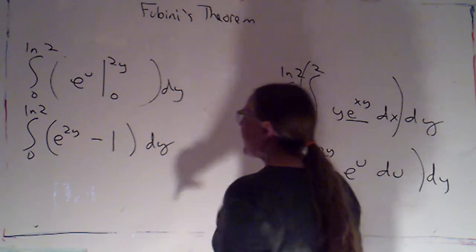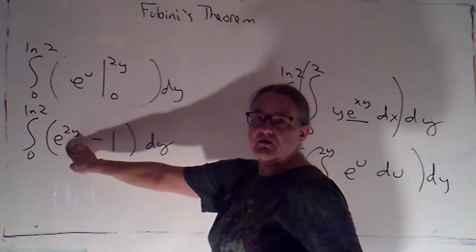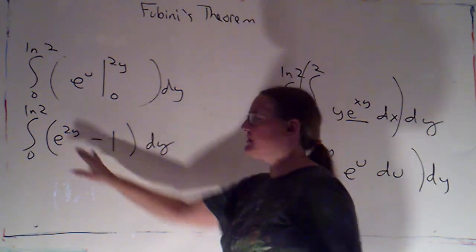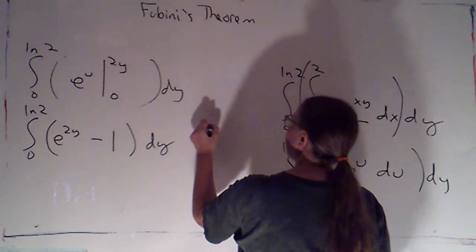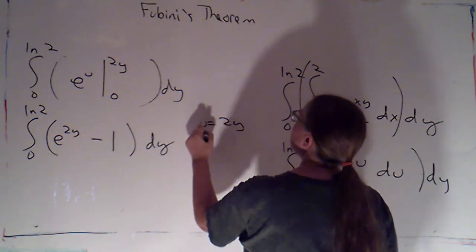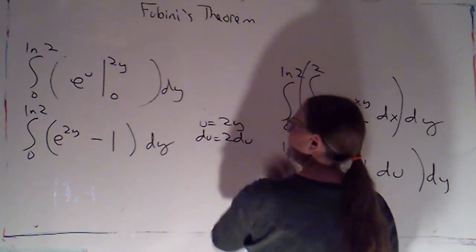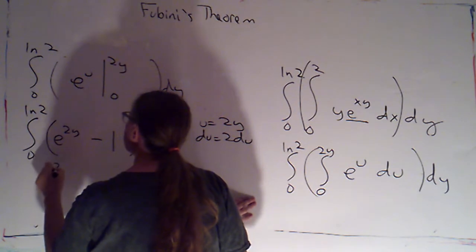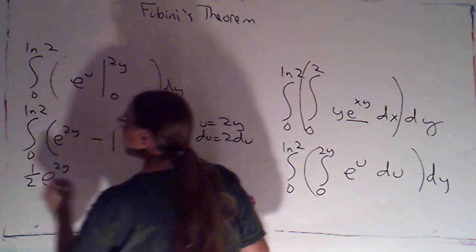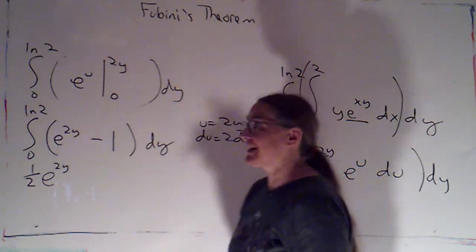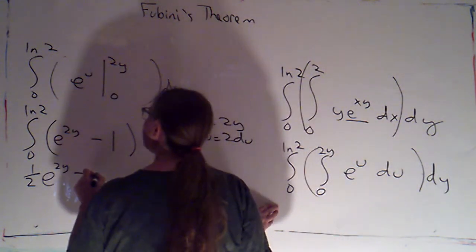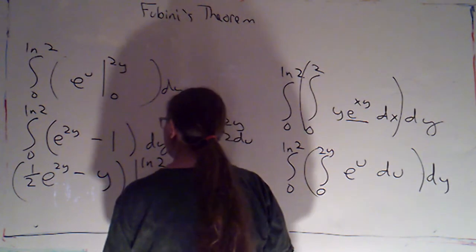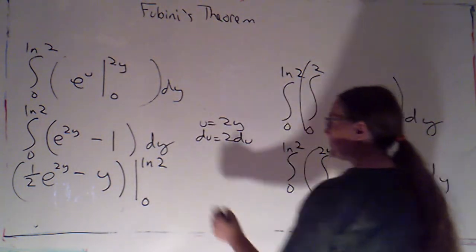Okay, fabulous. Now, this is a quick u sub that I'm comfortable just doing mentally, and if you're comfortable doing it mentally, you can. I mean, technically, I'm writing out u is equal to 2y, so du is 2 dy, but I'm just going to say this is going to give me e to the 2y times a half. Don't forget you do get that extra factor of a half. Minus y, and that's evaluated between the natural log of 2 and 0.